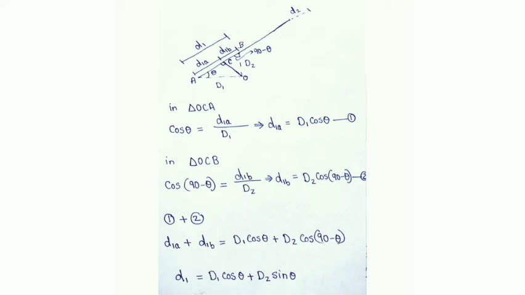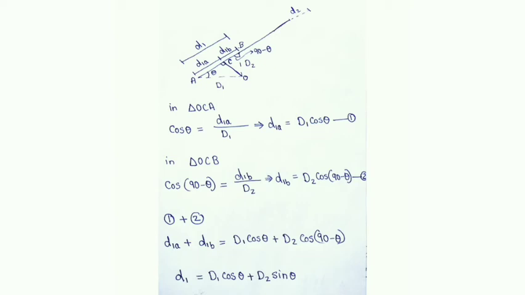Therefore, small d1a will be equal to capital D1 into cos theta. Let it be our first equation. Similarly, in the other small triangle OCB, cos 90 minus theta will be equal to d1b divided by capital D2. Therefore, small d1b will be equal to D2 into cos 90 minus theta. Let it be our second equation.